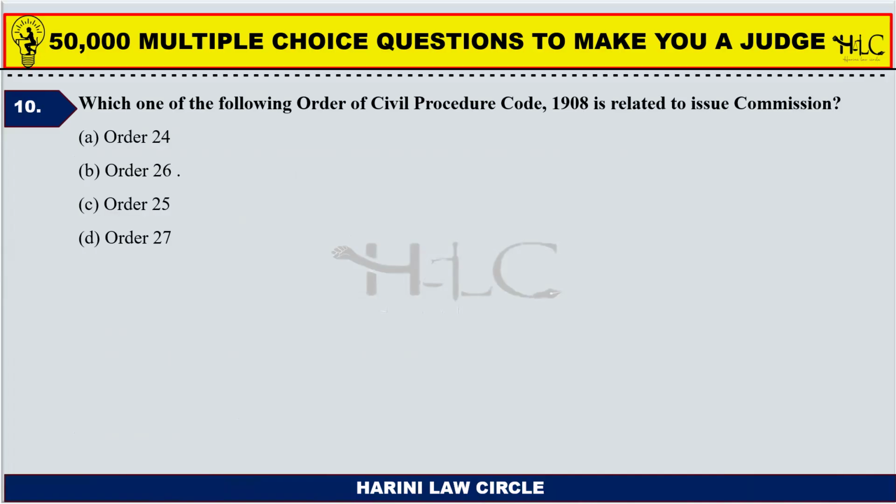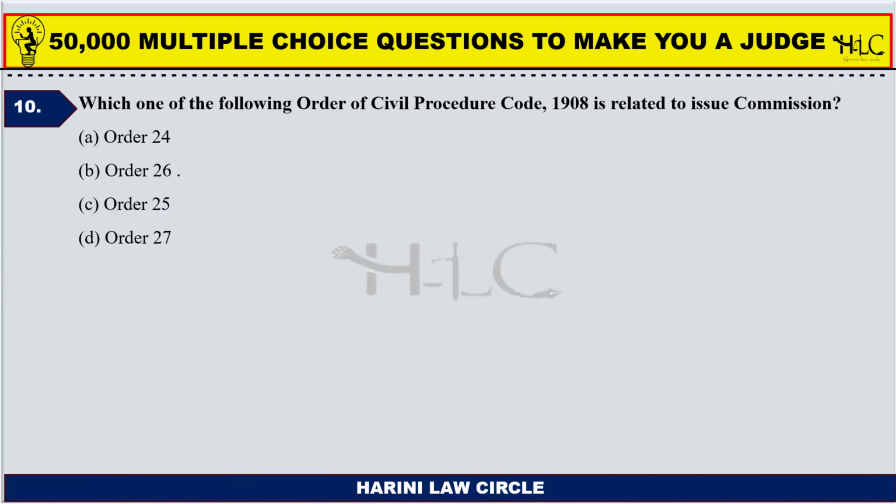Moving ahead to the 10th question, which one of the following orders of the Civil Procedure Code 1908 is related to issue commission? Order 24, Order 26, Order 25, and Order 27.